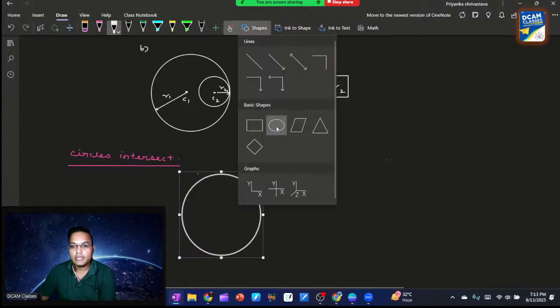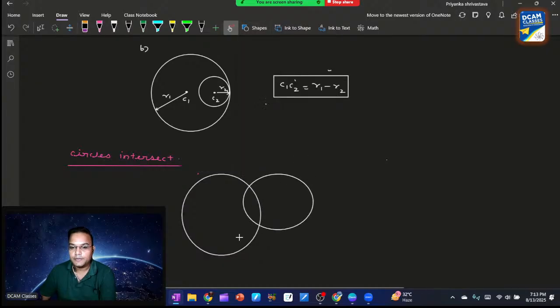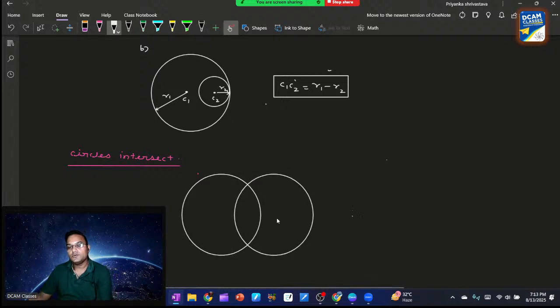Two circles are there. Actually, they are intersecting means results will derive from this. These are two circles. This is the center. Obviously, they will be intersecting at 2 points, P1 and P2.